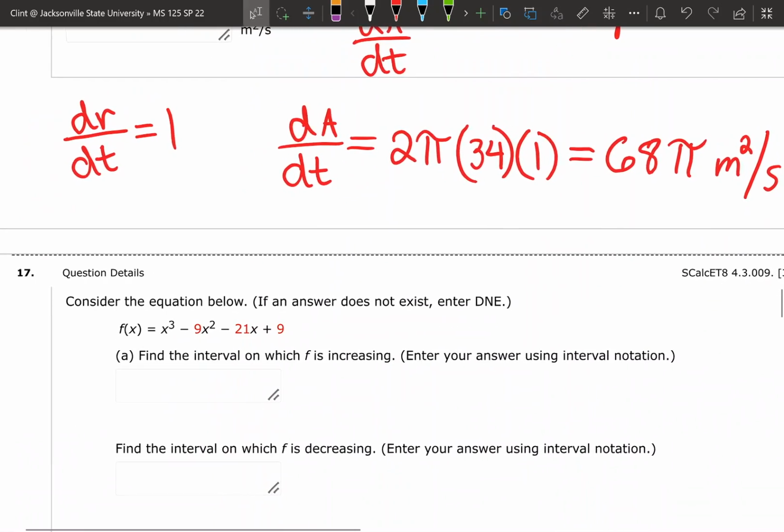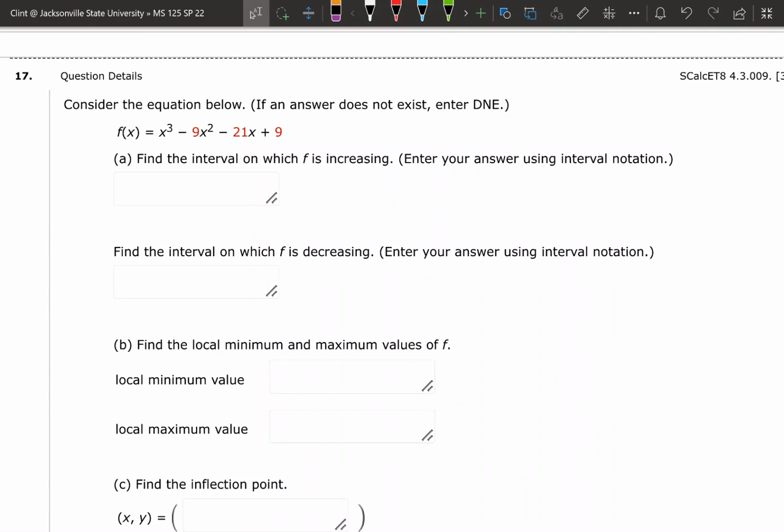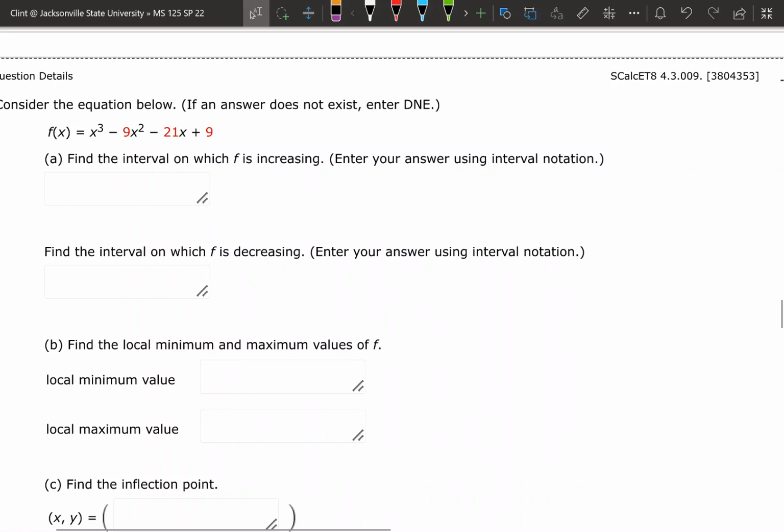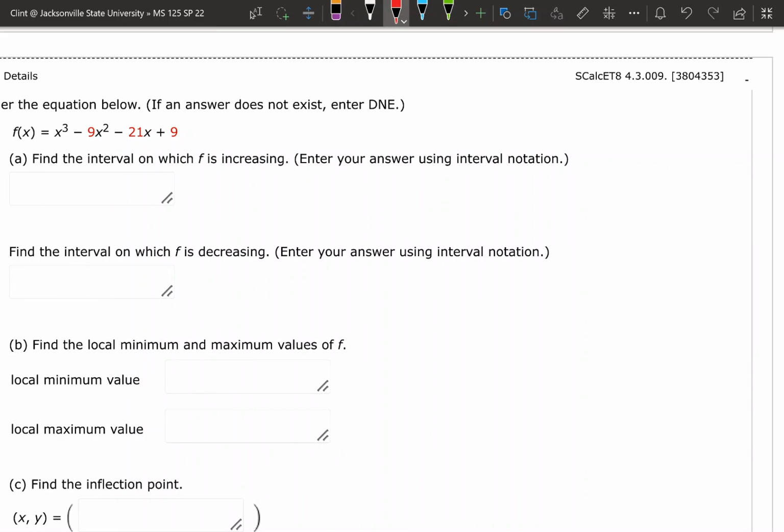Number 17 gives us an equation, gives us a function. Part A, we want to know the intervals where it's increasing or decreasing. So to check that, we need the derivative. So let's see, f prime.